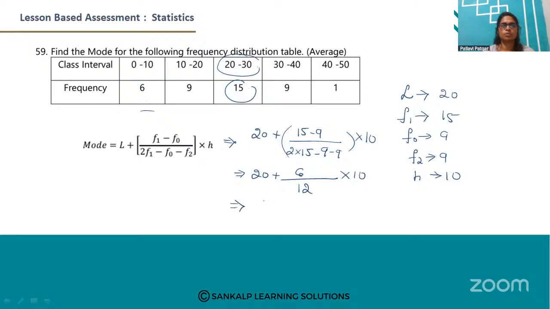So this is equal to 20 plus 6 by 12 is 0.5, into 10. So this implies 20 plus 0.5 into 10 is 5. So this is equal to 25. Therefore, the mode for the given frequency distribution table is 25.